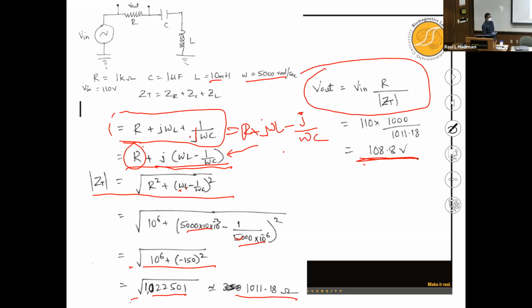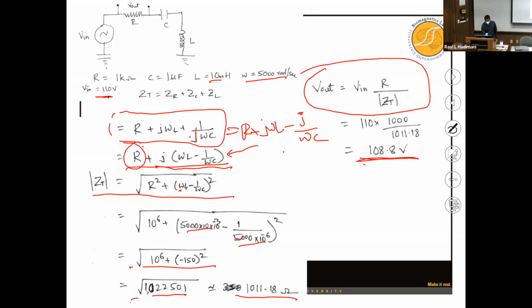These circuits are useful for filtering signals, and they are also useful for amplification. Now in this circuit, your voltage out is 108, which is slightly smaller than 110.